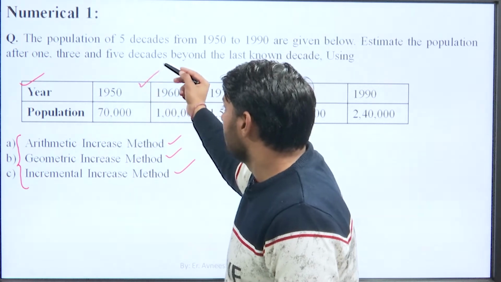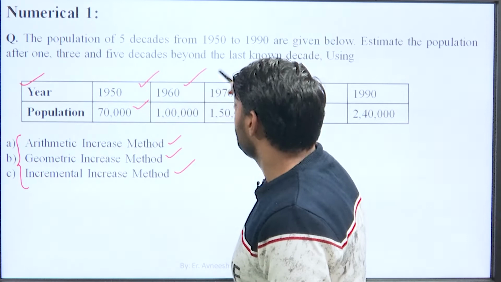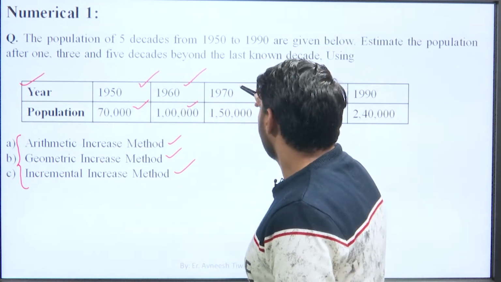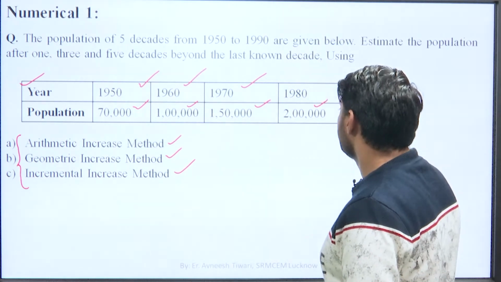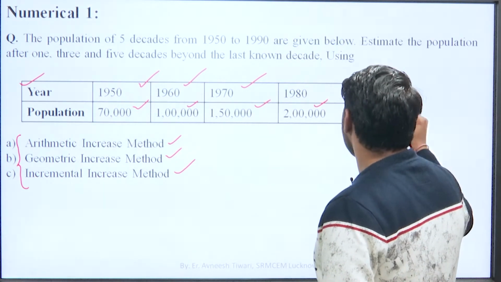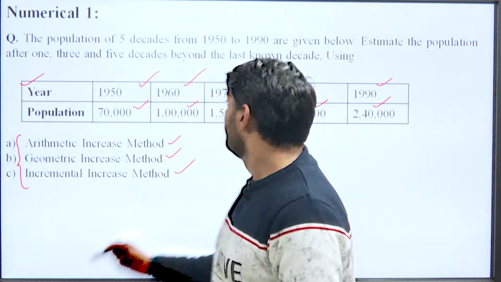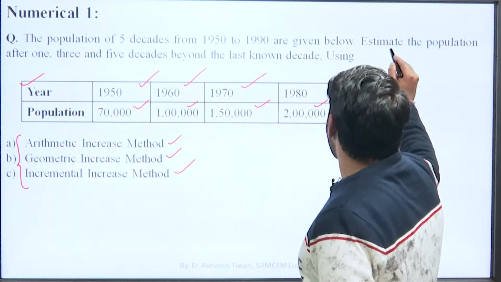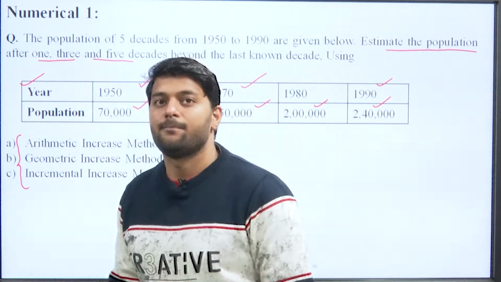In 1950 the population is 70,000, in 1960 population is 1 lakh, in 1970 population is 1,50,000, in 1980 population is 2 lakh, and in 1990 population is 2,40,000. What we have to do, we have to estimate the population after 1, 3 and 5 decades.